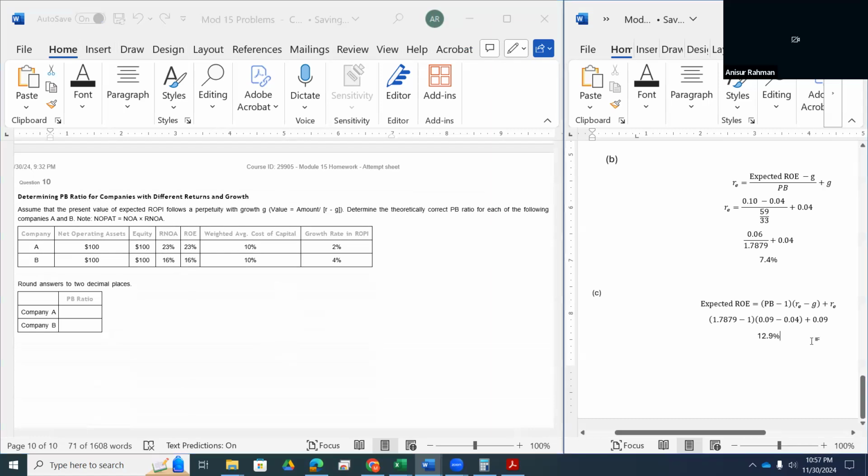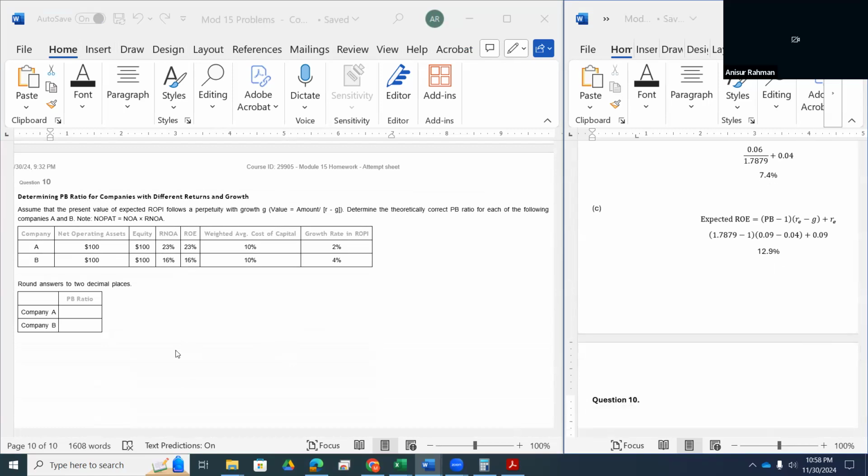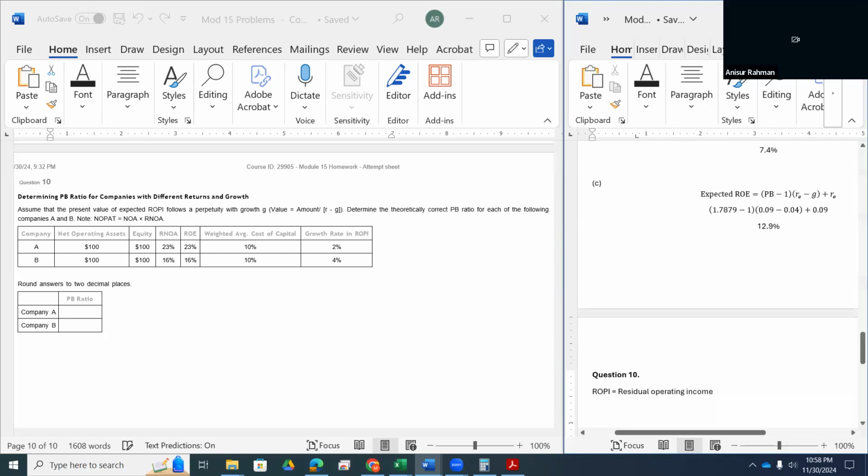Now, question 10. So what we have to do here, assume that the present value of expected ROPI, so ROPI means residual operating income, is a perpetuity.